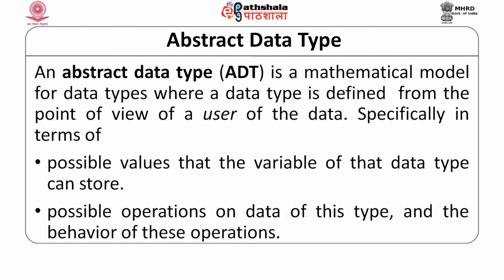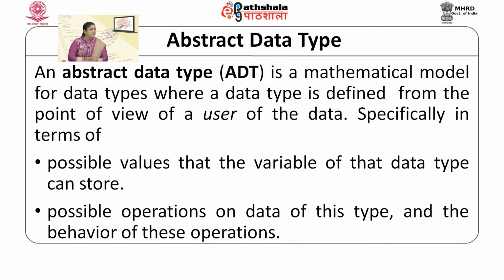So, an abstract data type is a mathematical model for a data type, where a data type is defined from the point of view of a user of the data, specifically in terms of possible values that the variable of that data type can store. It may be a set of constants, it may be in the form of a range, but we need to define what kind of values that variable will be able to hold when we declare the variable of this data type.